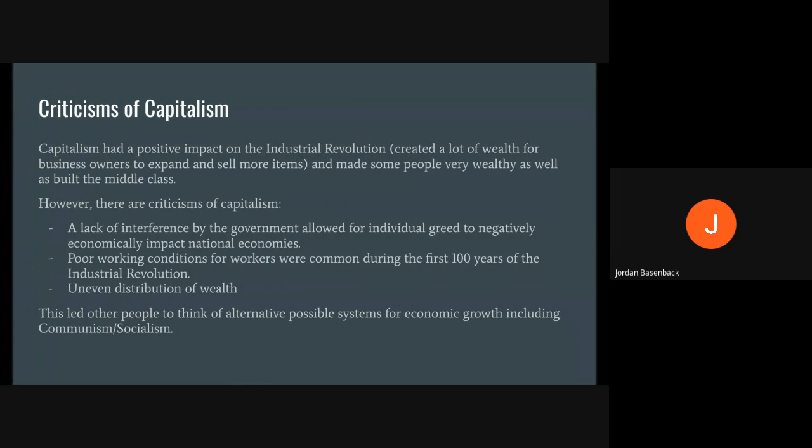Out of this comes the idea of communism and socialism, in which everyone has equal items and things, and the government would control most things and decide for the people what would be best in order to most equitably split up the nation's resources, which also has its own drawbacks and positives as well.